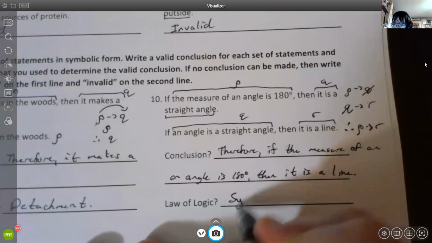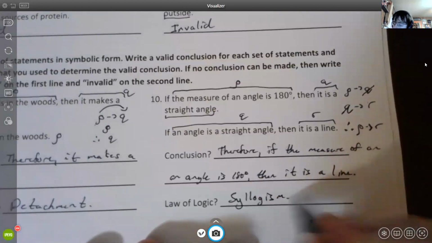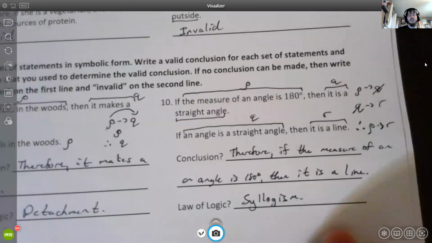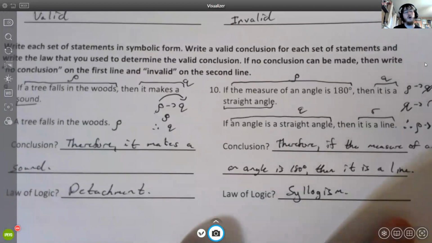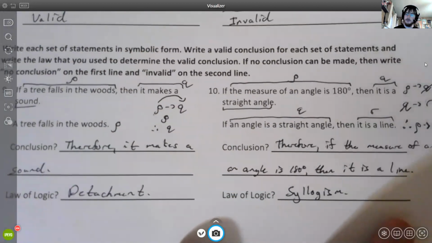And the law of logic would be syllogism. So syllogism is the one that uses two if-then statements. Detachment only uses one, and it only works in the forward direction.